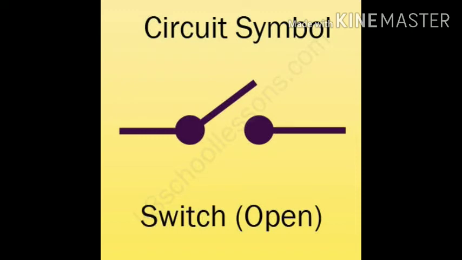So we are representing switch like this. This is the switch in off position. Here you can see one end of the wire is not attached with the other end. It is just like open. And how is the switch in on position? Yes, this is what you can see here. One end of the wire is connected with the other end, that is, one end is touching the other end.